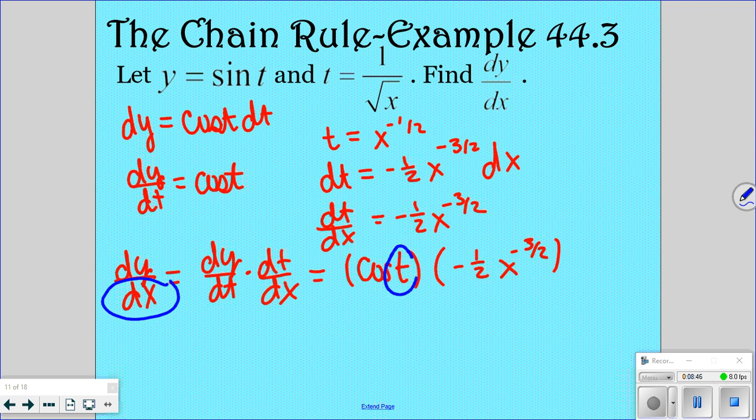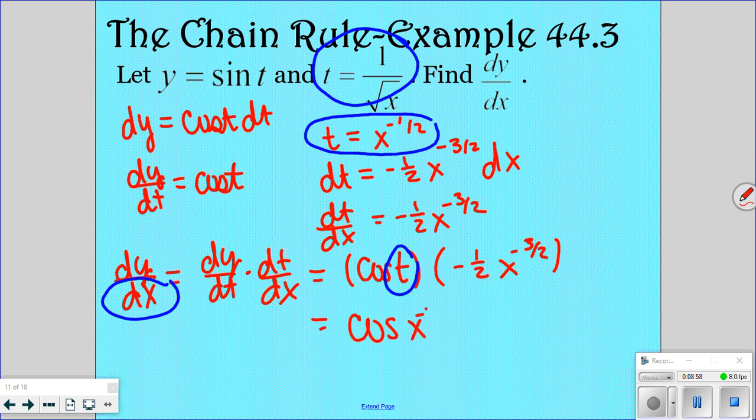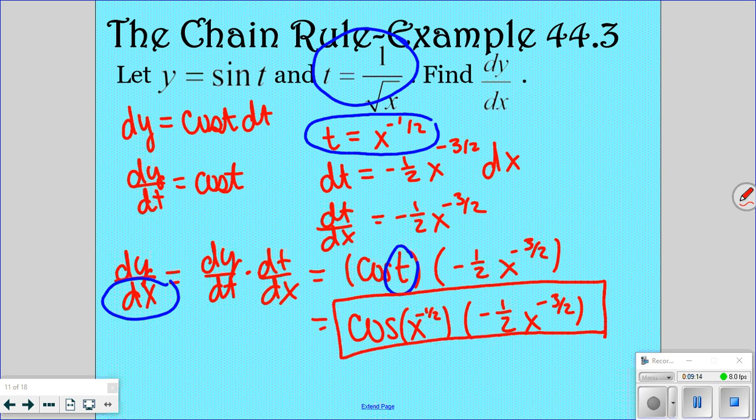So this little t is going to get replaced by this, which you can also replace it with that one if you would rather. So you can say cosine of x to the negative 1/2, or you can say cosine of 1 over the square root of x. Either one is fine with me. And then times negative 1/2 x to the negative 3/2. And so that would be your answer for that one.